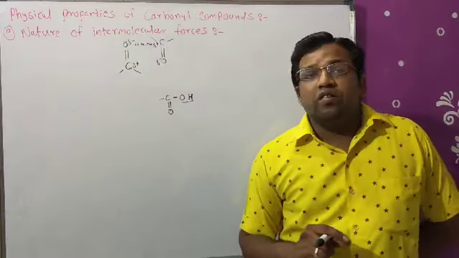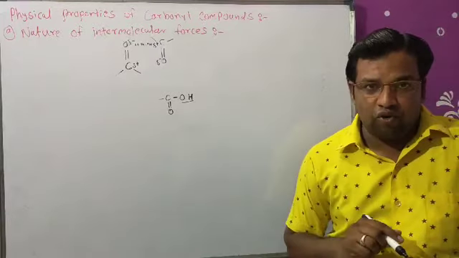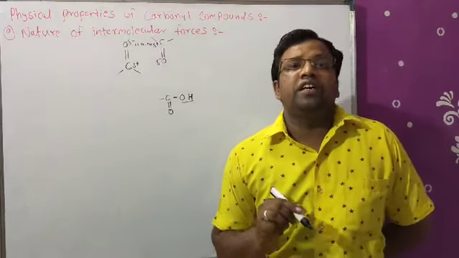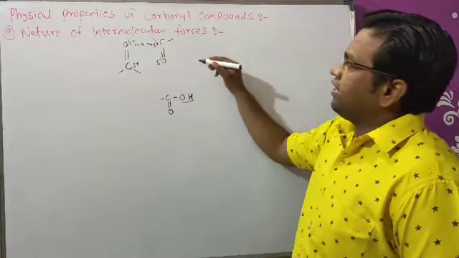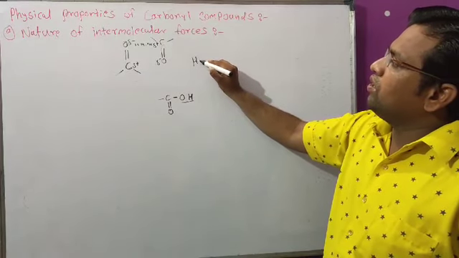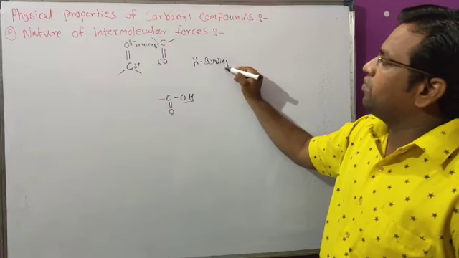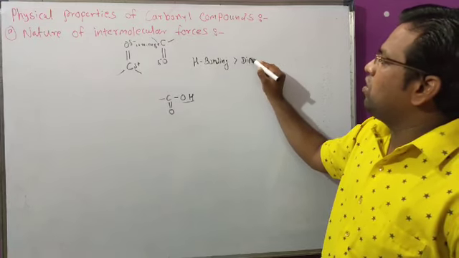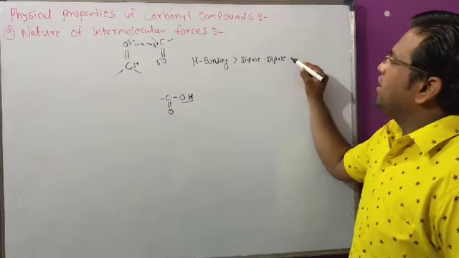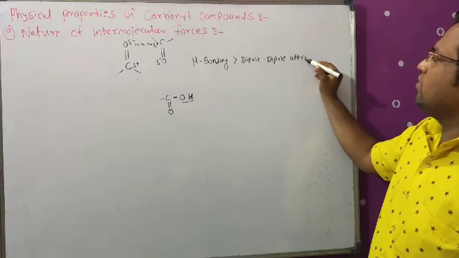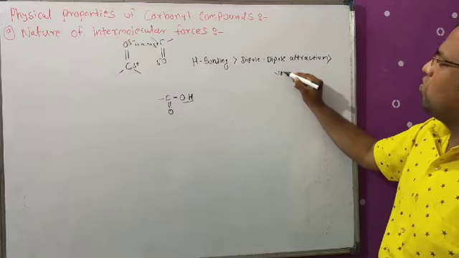We know that hydrogen bonding is stronger than dipole attraction. The decreasing order of intermolecular force of attraction is: firstly, the strongest is hydrogen bonding, then dipole interaction or attraction, and third is van der Waals forces.